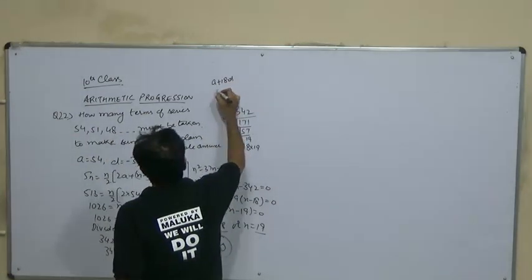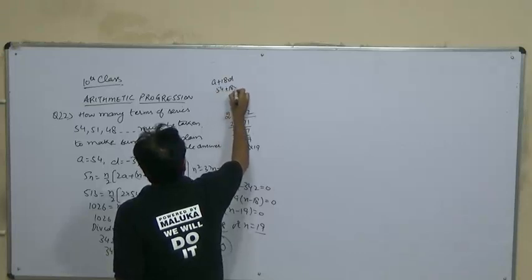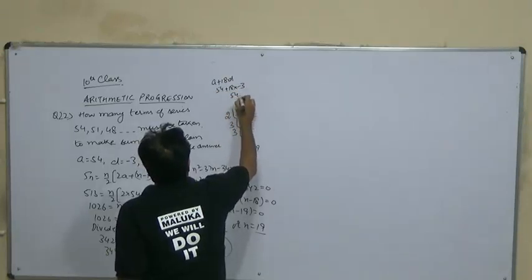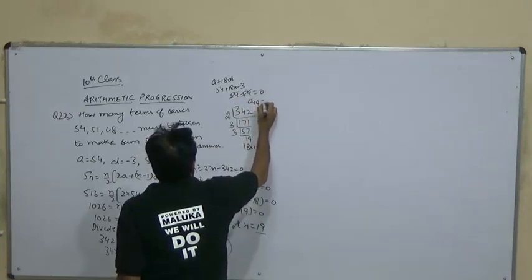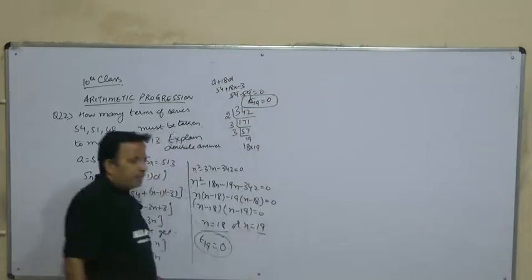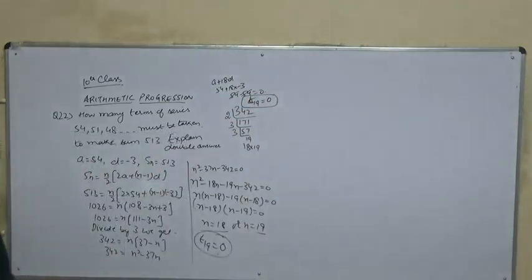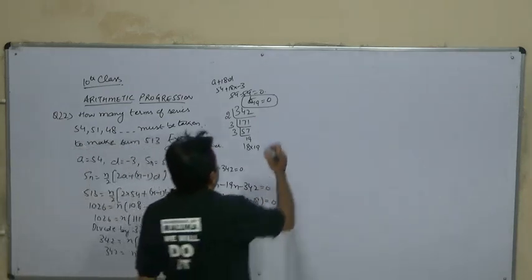So a is 54 plus 18 into minus 3, 54 minus 54, this cancels out to be 0. So we show that T19 is equal to 0. The 19th term is 0 and the sum of 18 terms and 19 terms is equal to 513.